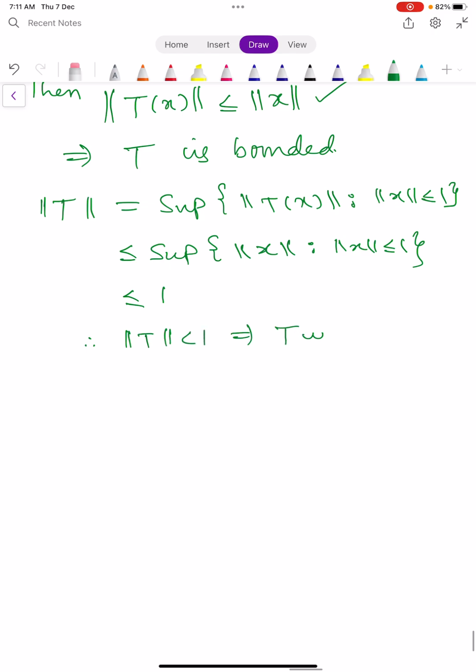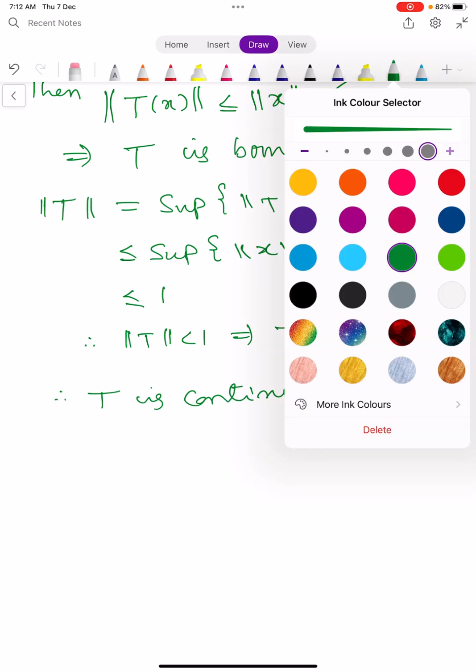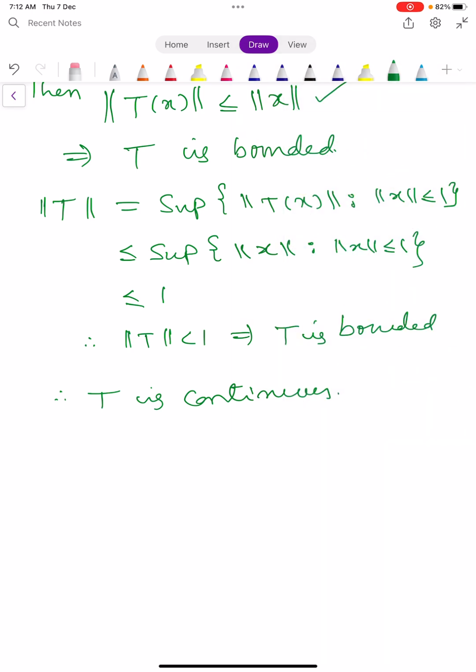It means T is bounded. Whenever T is bounded, then T is continuous. It means from these two cases, we conclude that capital T is a continuous linear transformation.